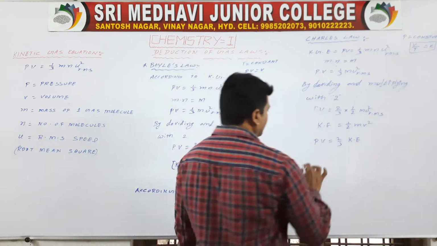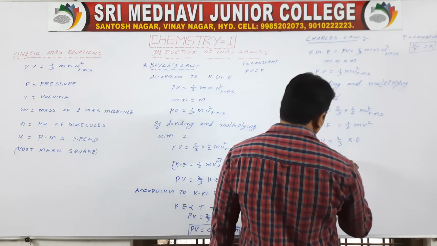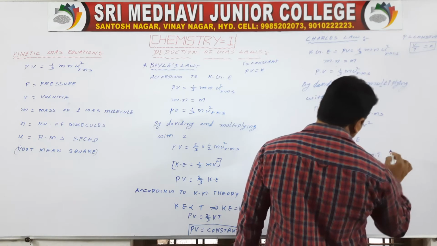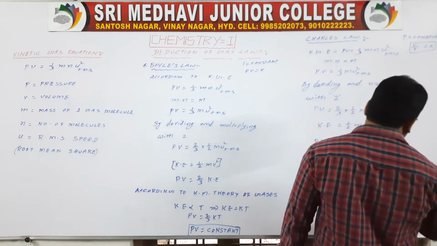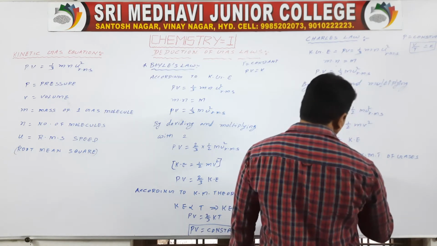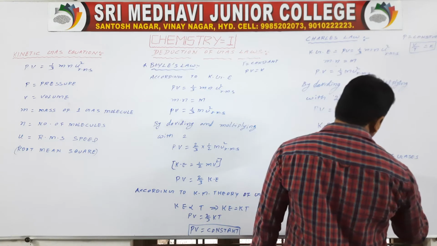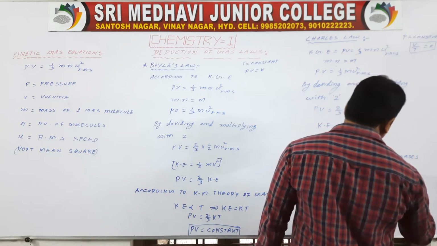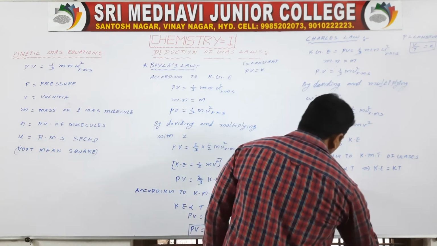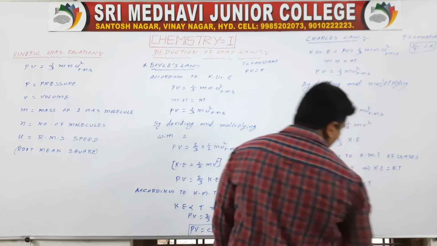So according to kinetic molecular theory of gases, KE is directly proportional to T. That implies KE equal to kT. Then here I am writing PV equal to 2 by 3 kT.